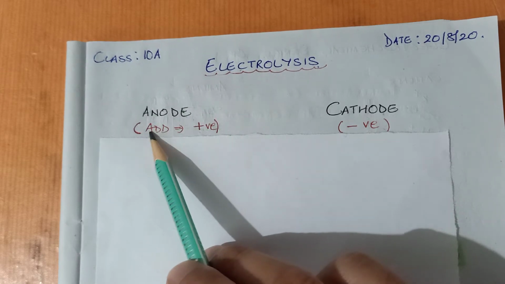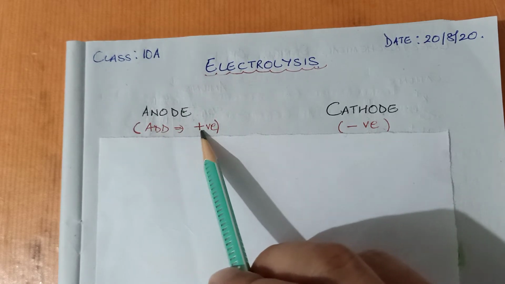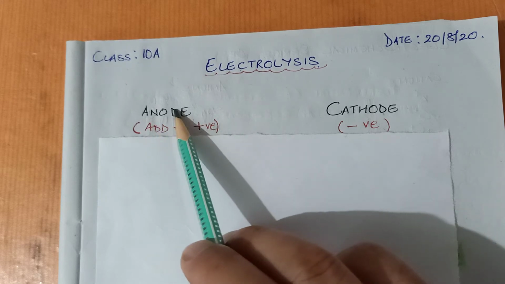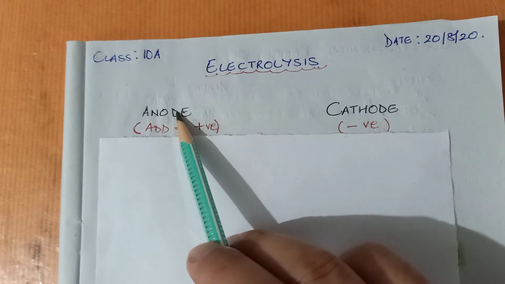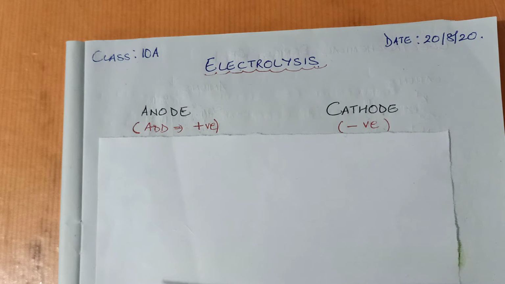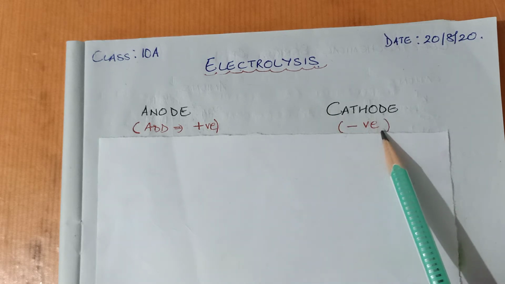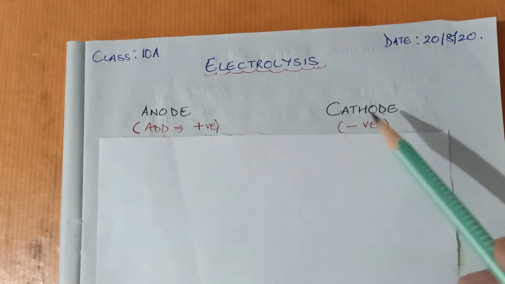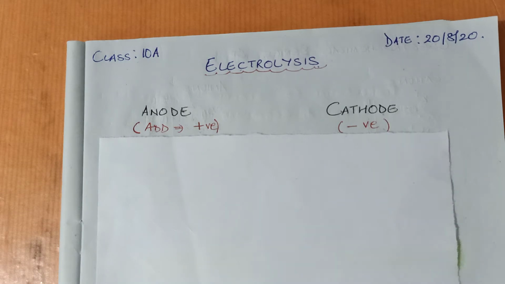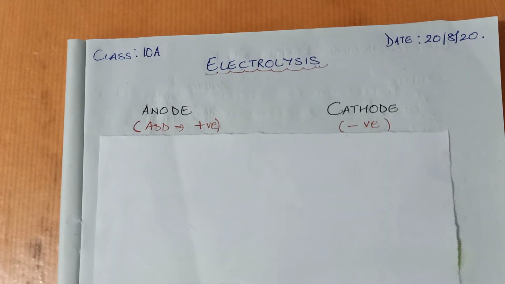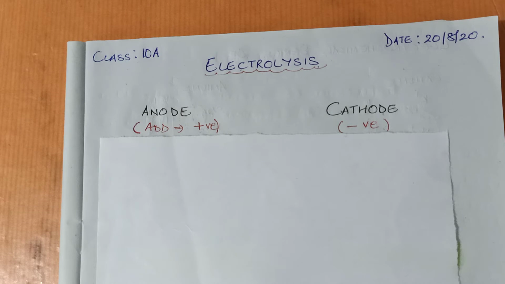A, addition, plus, positive. So anode is a positive electrode. And we know that there are only two types of charge. They are positive and negative. So if anode is positive, cathode has to be negative. This way it becomes very easy to know the true nature of the electrode.